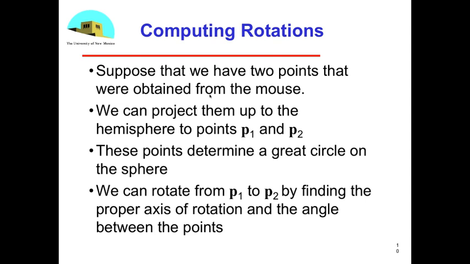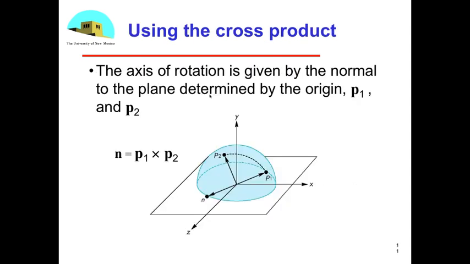It's giving me a sequence of positions as I move the mouse, which correspond to points P1 and P2 on the surface of the virtual trackball. Well, if I look at that in terms of the great circle and shortest distance between P1 and P2, the picture kind of looks like this.